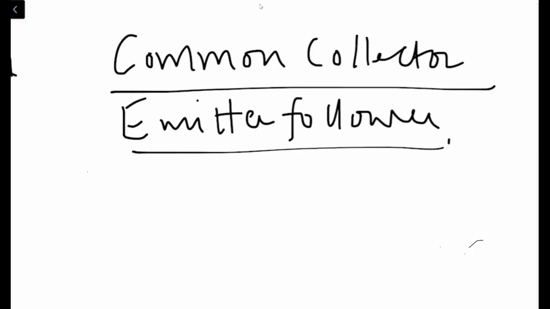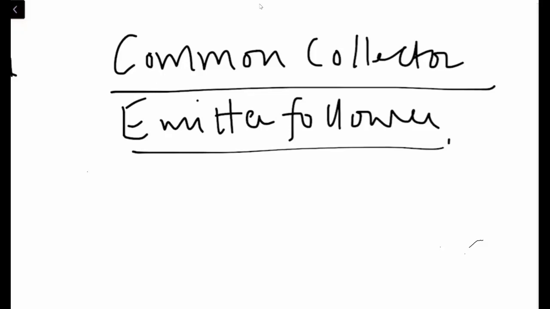And as the name shows, the common collector has the collector which is common in between the input and the output side of the configuration circuit, right? So if you take a look, this means that the collector is going to be common in between input and the output side of the configuration circuit.